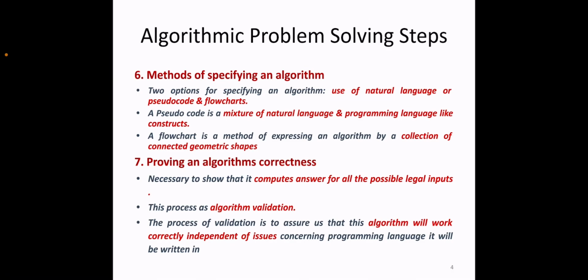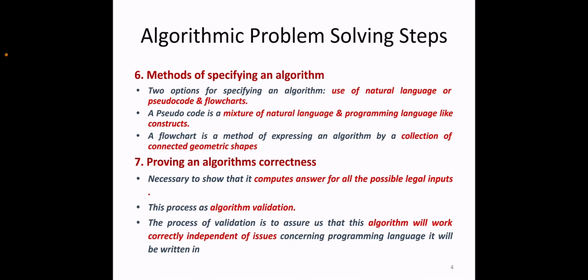Natural language is the normal way of communicating in English. A programming language is a set of software coding. Pseudocode is a combination of both natural language and programming language. Then a flowchart is a pictorial or diagrammatic representation of an algorithm, defined as a collection of connected geometric shapes.